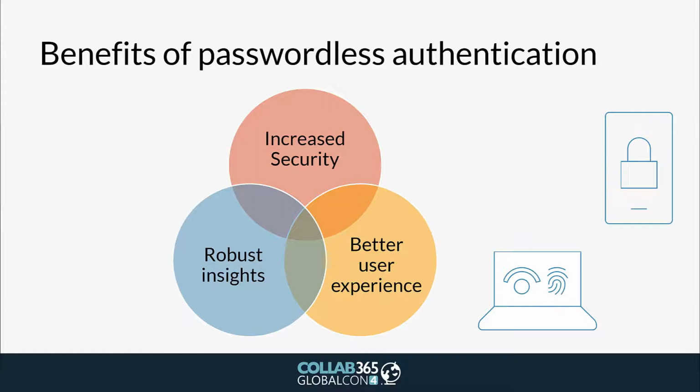So with passwordless authentication, we are using something that we have, and something that we are, or something we know. For example, in Windows Hello for Business, we can use a biometric gesture like a fingerprint, or a PIN that is not transmitted over the network and which stays on the device.